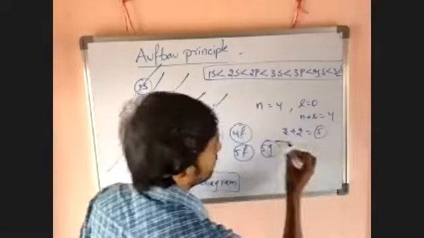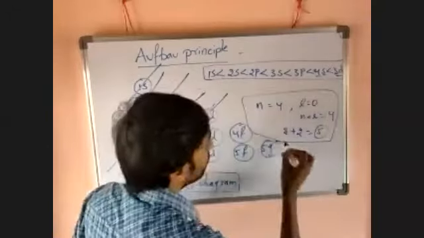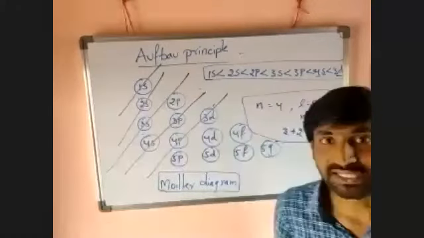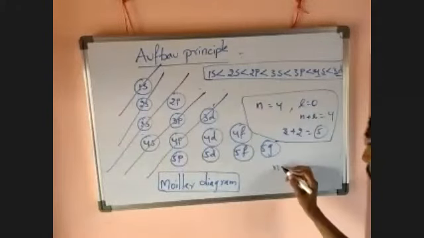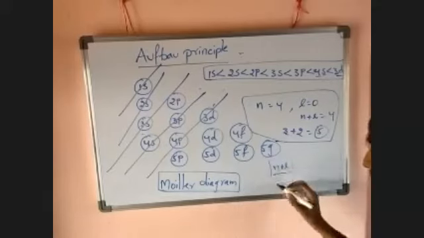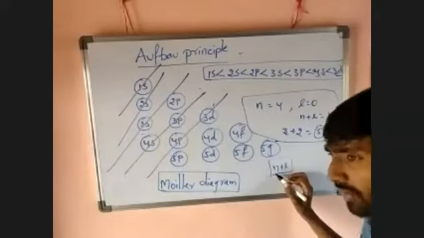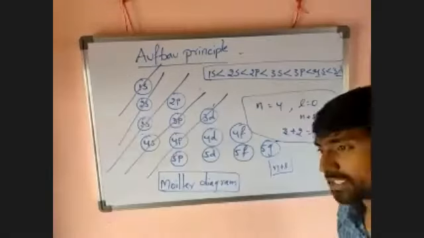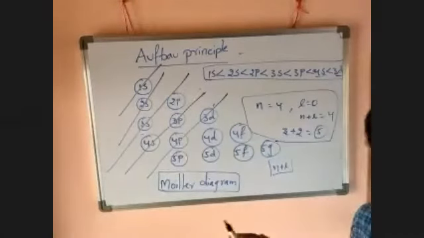Which orbital has lower energy and which has higher energy is decided based on the n plus l value. The sum of the principal quantum number and the azimuthal quantum number explains which orbital has more energy.